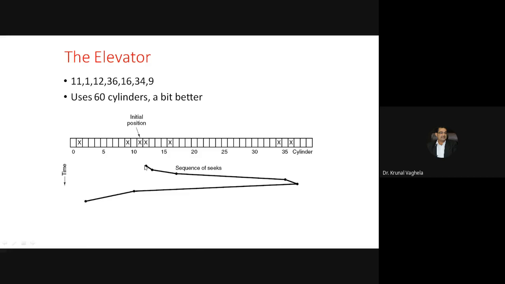So it will go in one direction, for example, 11 to 12, 12 to 16, 16 to 34, 34 to 36, and in reverse 9 and 1. So it is like an elevator, from left to right, right to left. If you calculate, it will use 60 cylinders, a little bit better than the shortest seek first algorithm.